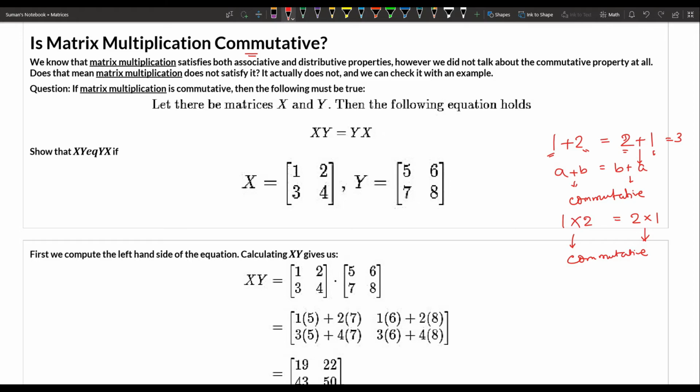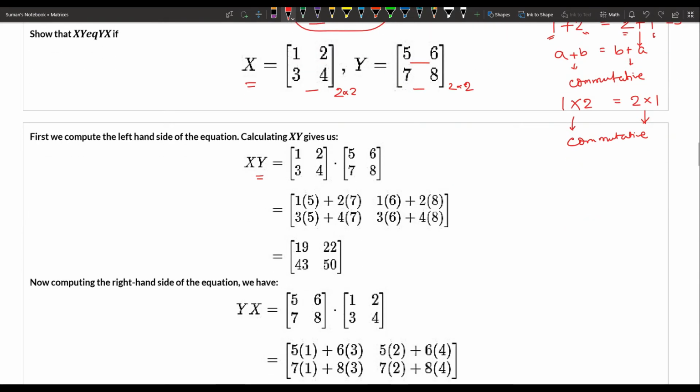We have x as a matrix and y as another matrix. Suppose x is equal to 1, 2, 3, 4 and y is equal to 5, 6, 7, 8. We are multiplying xy, as both are of order 2 cross 2, so matrix multiplication is possible.